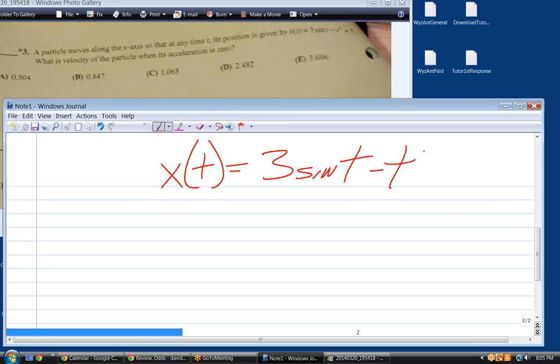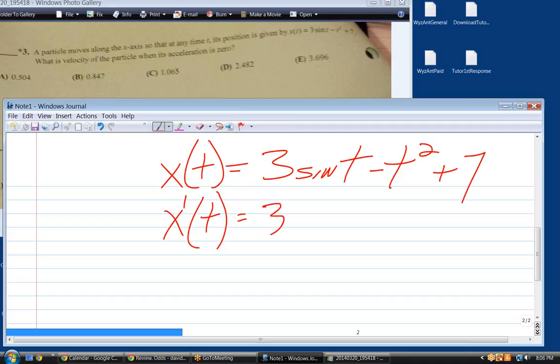So here, what is that, minus t squared plus 7? Yep. What's the velocity of the particle when its acceleration is 0? Yeah, let's start by taking a couple of derivatives. We're going to need both the first and the second. What's the first one?